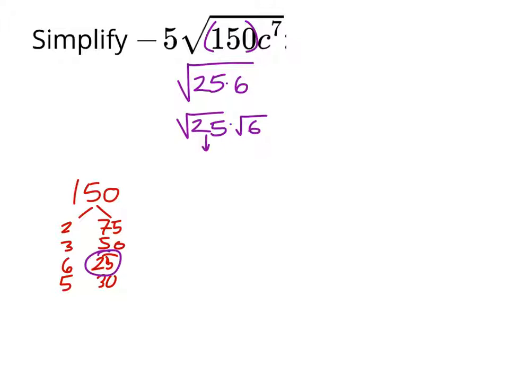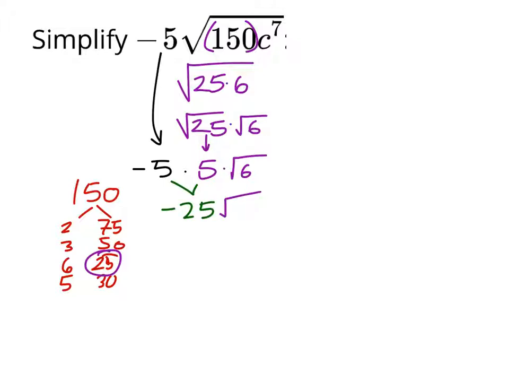And then the square root of 25 is 5. So that gives me 5 times the square root of 6. Of course, it's multiplied by this negative 5 from the left here. And we could combine those two also. So negative 5 times 5 is negative 25. So right now I've got negative 25 times the square root of 6.